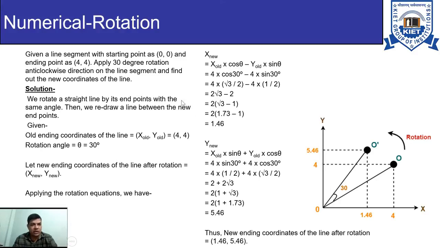The initial point is already at the origin, so it does not change, because as you substitute 0 for x and y, the entire thing becomes 0. The point 4 comma 4 changes, and the new point is 1.46 comma 5.46.